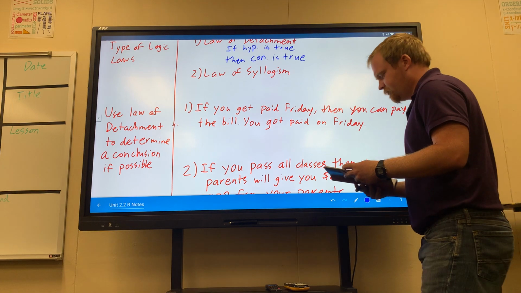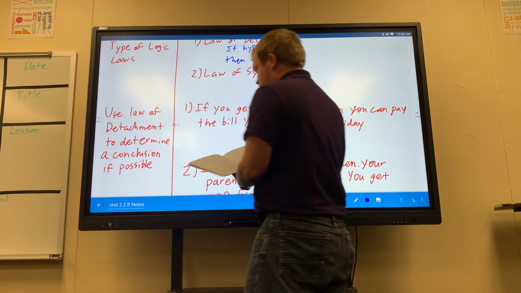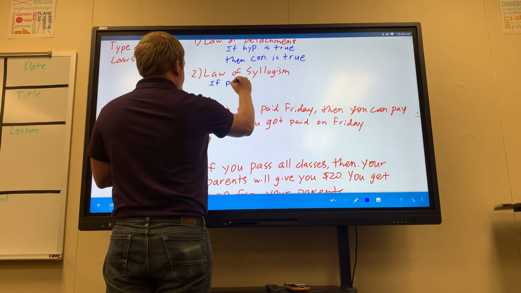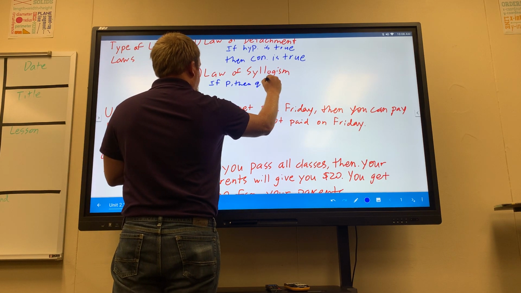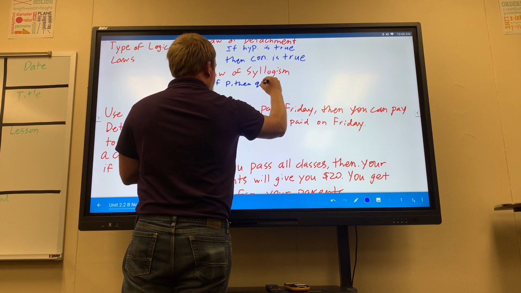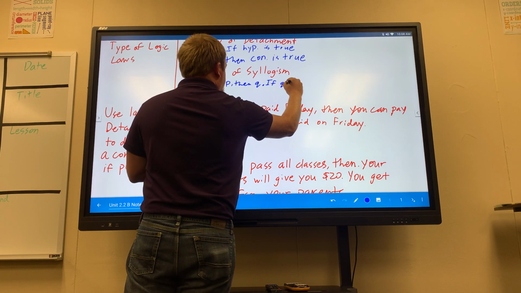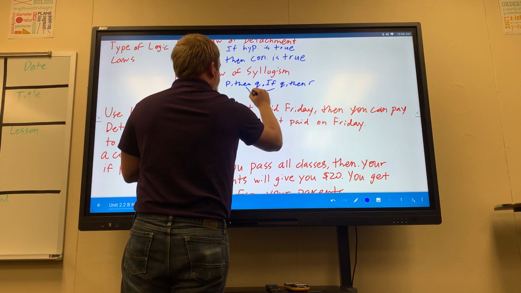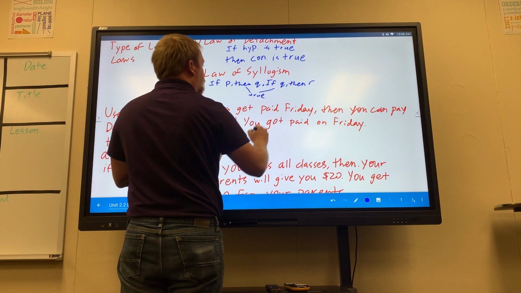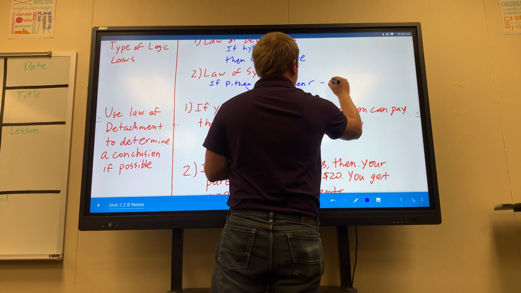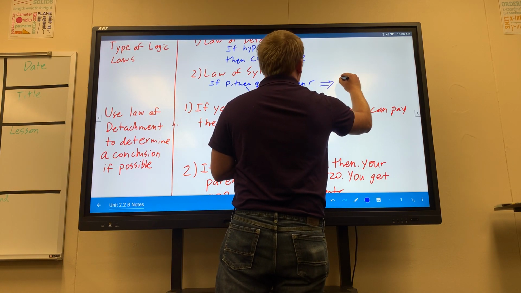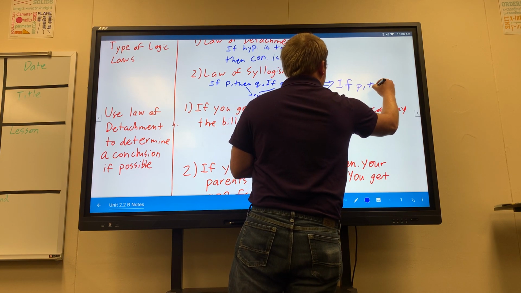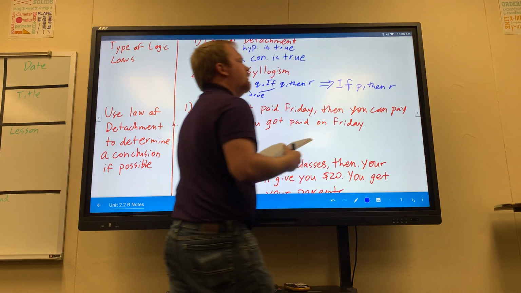Now, the law of syllogism. The law of syllogism says if P then Q, and if Q then R, if both of these statements are true, then we can actually say if P then R. Okay?